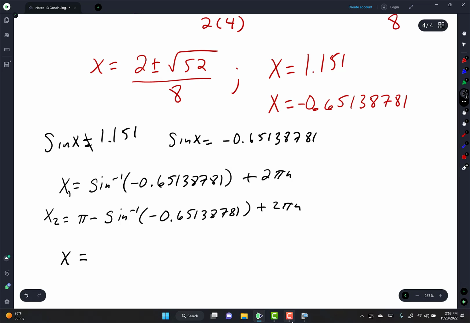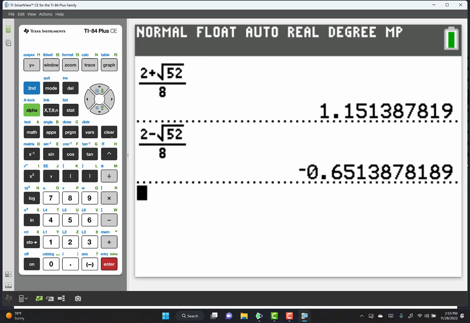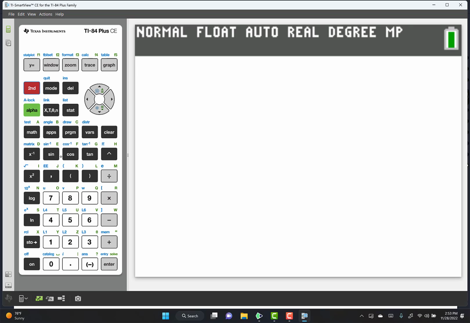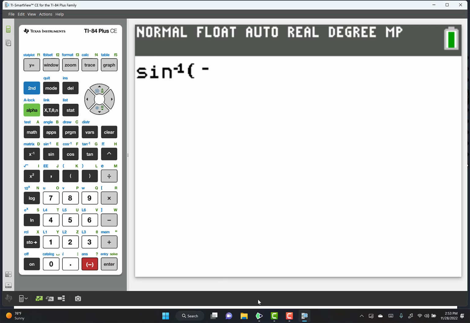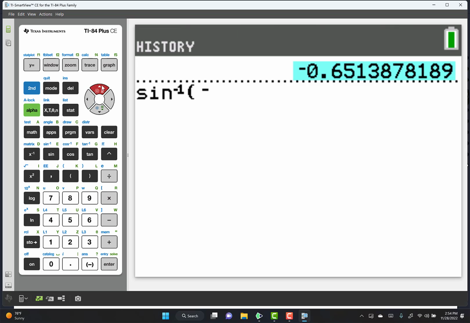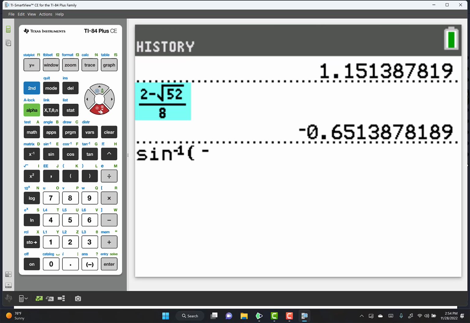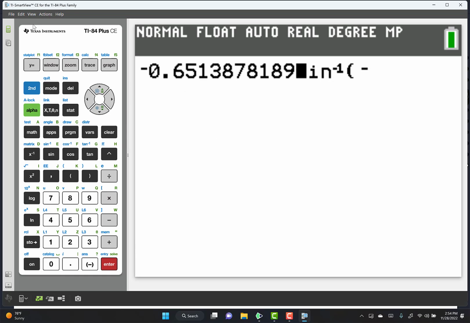Let's type that in. Arc sine, second arc sine, negative, and I already forgot, 0.65. Oh, I have it up here. Yeah, there it is. That guy. Enter. Delete.